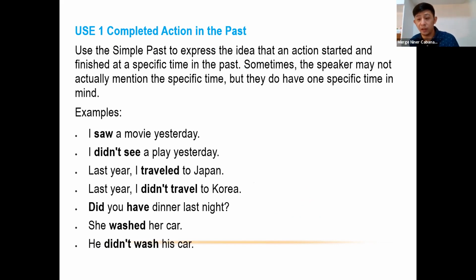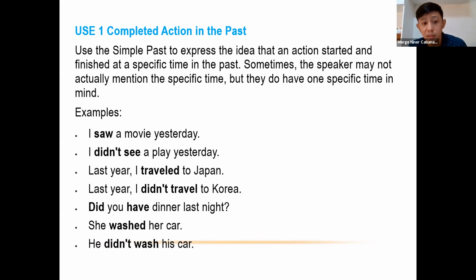But this one is different from the present perfect. Present perfect, there's no past expression. There's no time expression involved. But your simple past, it requires a time expression. Yesterday, last night, 2 weeks ago, last year, in the past, in ancient times, during the ancient period.